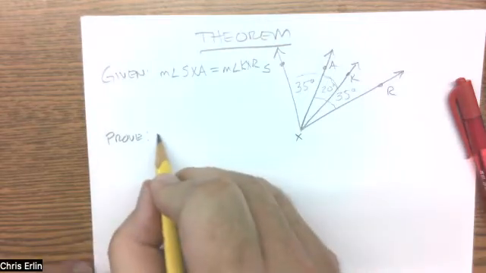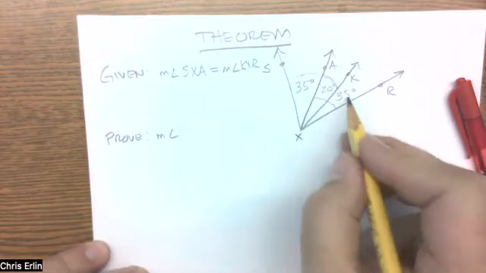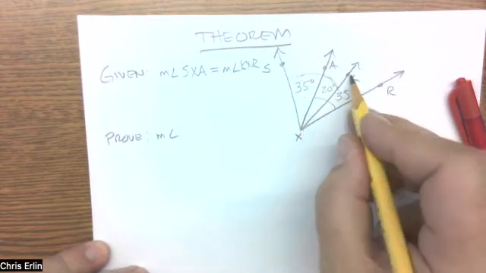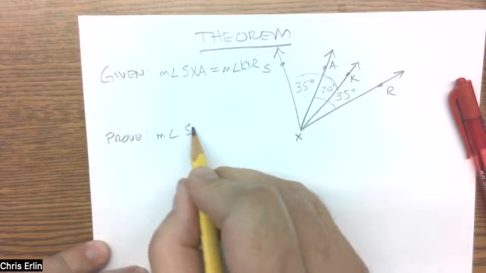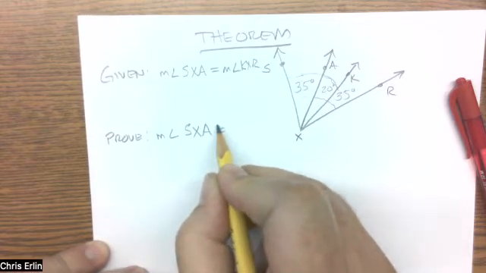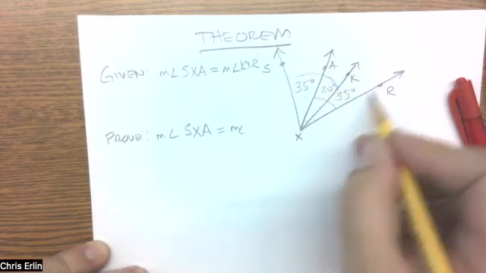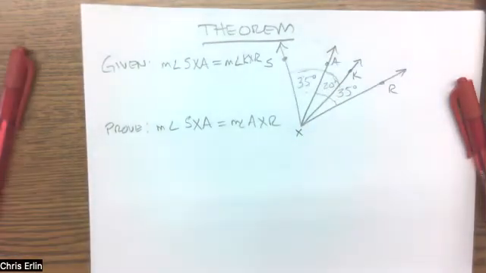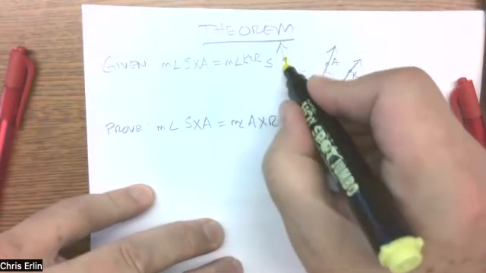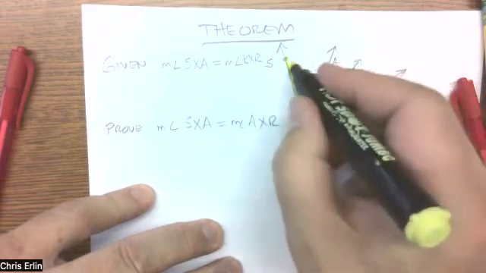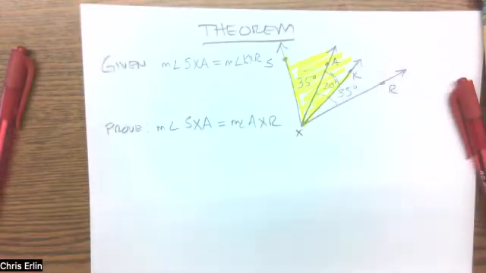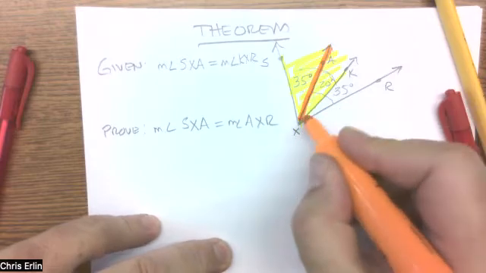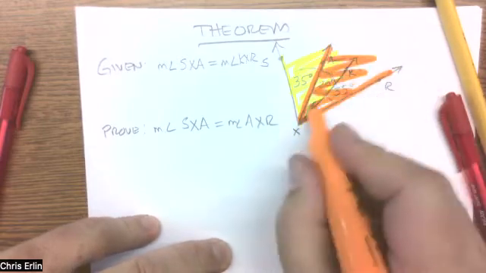So did I just say that if these measures are the same, then the overlapping are the same? AXR. Do you see the overlapping angles? Here's one angle. And here's the other angle.